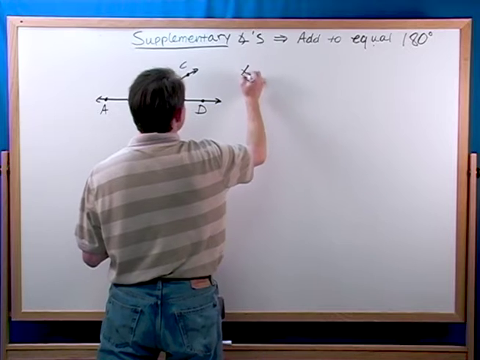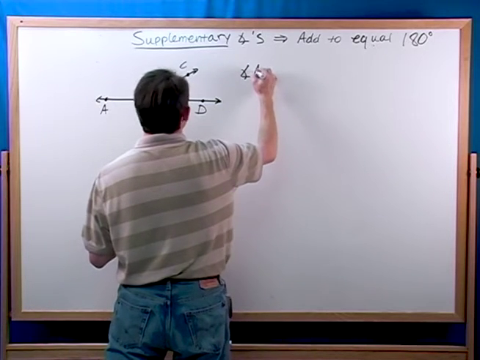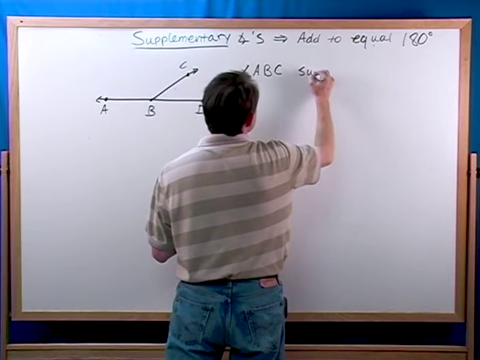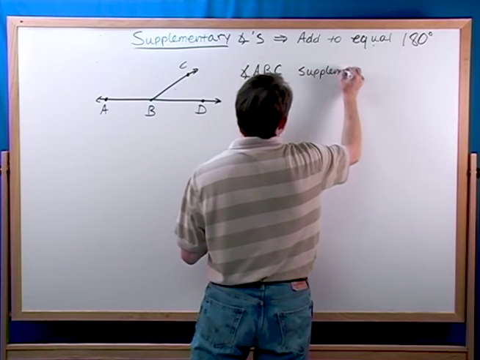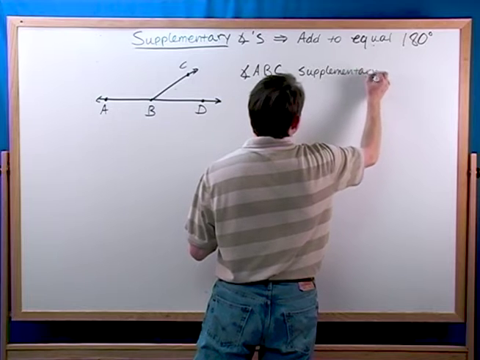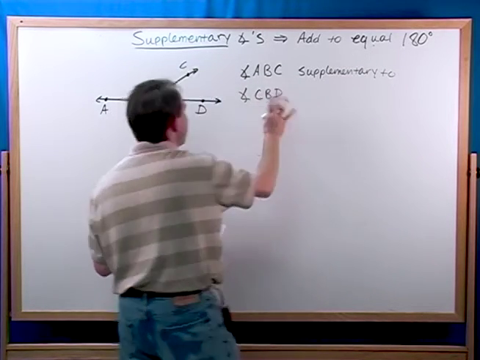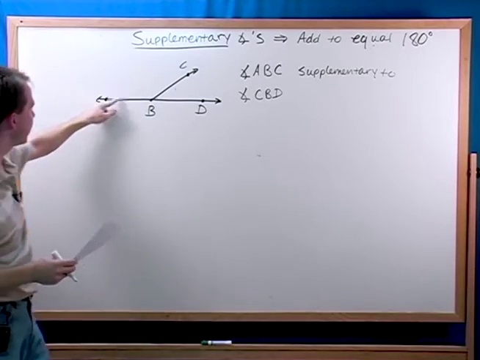So we say angle ABC is supplementary to angle CBD.